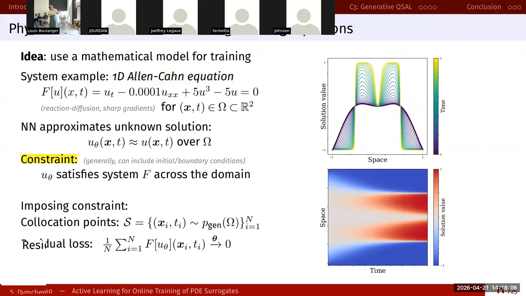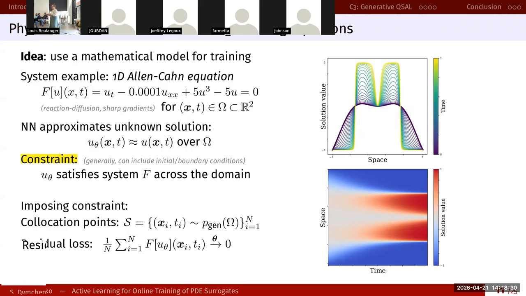We want the neural network to approximate this unknown solution over the whole spatiotemporal domain, which you can see on the right below. And so to use the mathematical model for the training, we can impose the constraint on the neural network training to make it satisfy this differential equation across the domain.